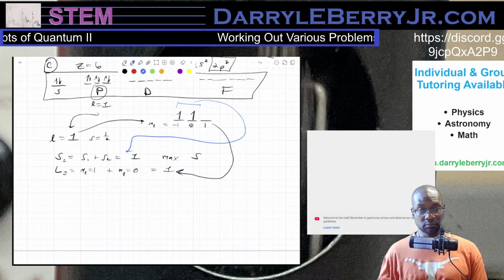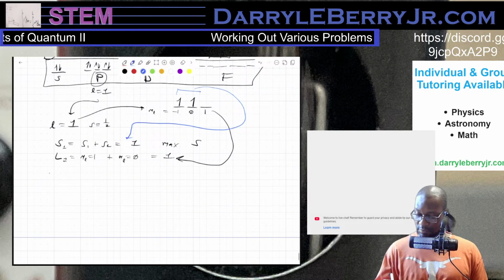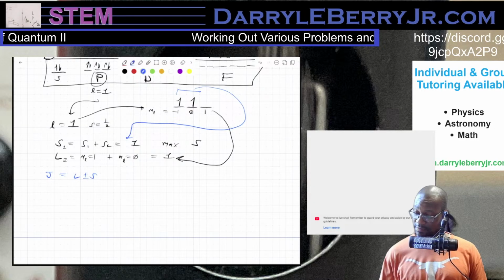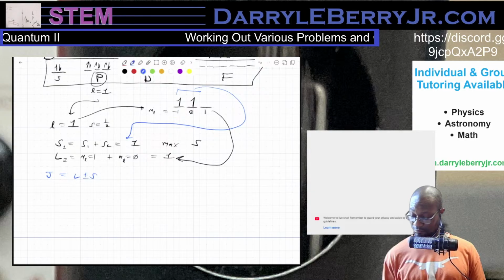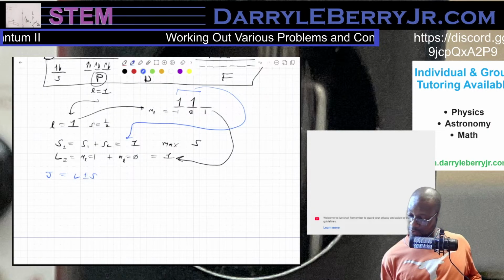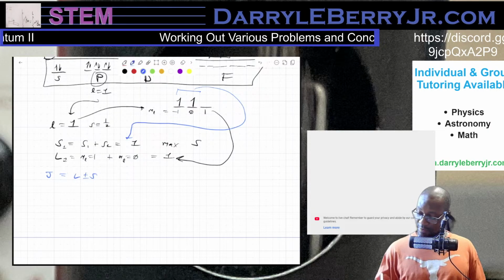Right. J equals L plus or minus S. I see. So we have to do big L, which is 1, plus or minus 1.